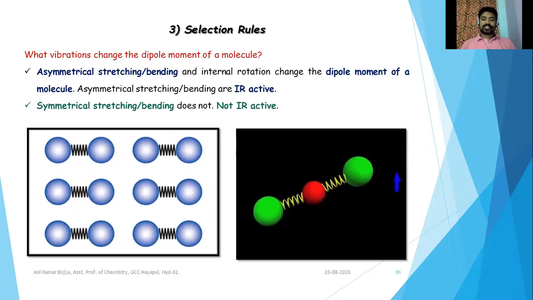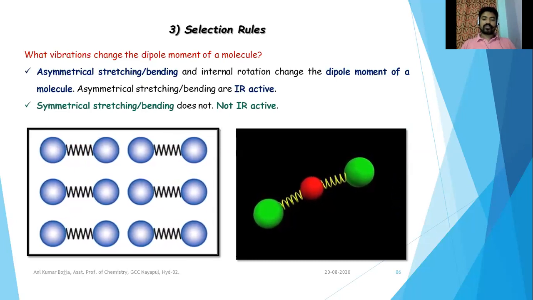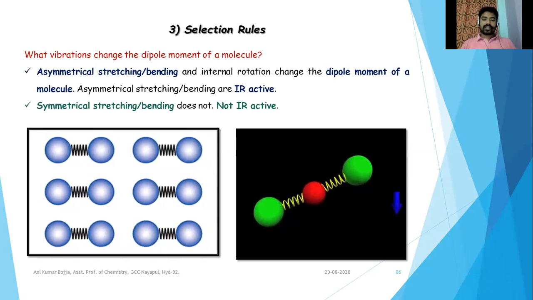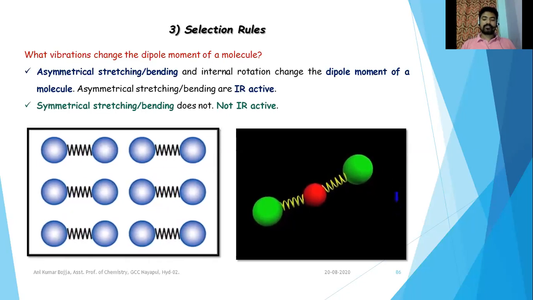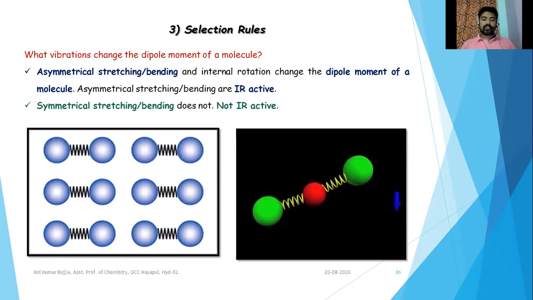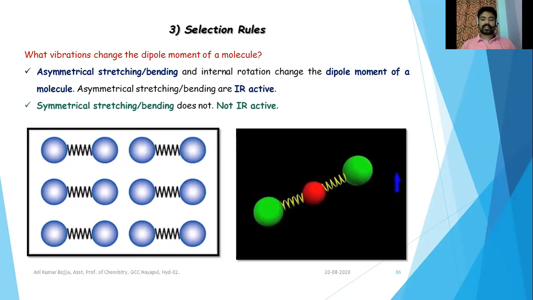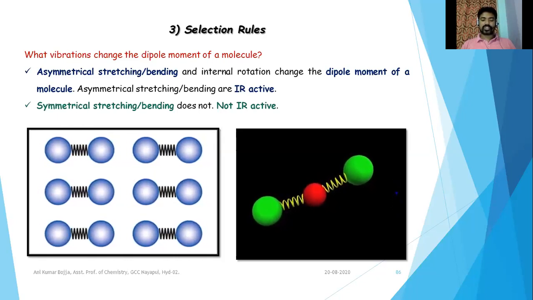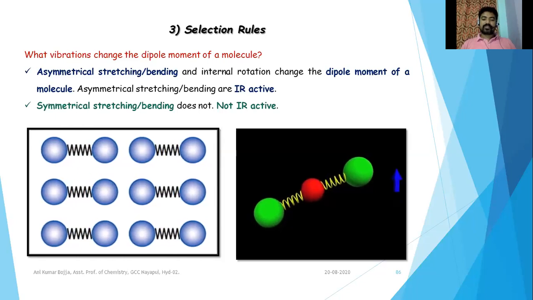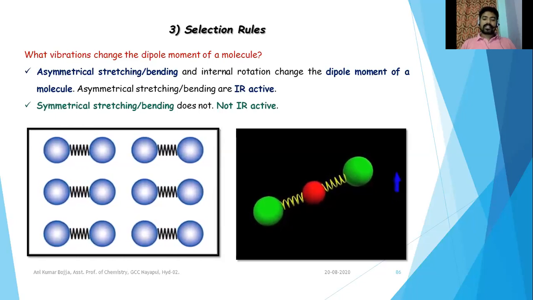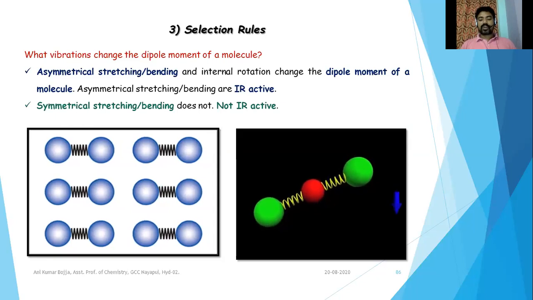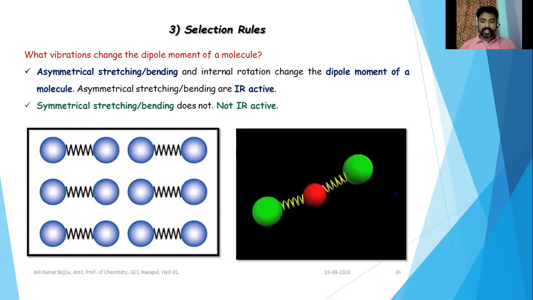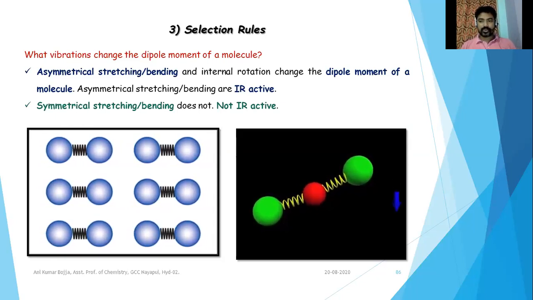Suppose you consider this molecule as H2O. The hydrogen atoms are of very small size compared to the oxygen atom, so the green balls are smaller than the red ball, which we are considering as the oxygen atom. The springs between the atoms can be considered as covalent bonds. As we already know, oxygen's electronegativity is more, that is 3.5, whereas hydrogen's electronegativity is less, 2.1.